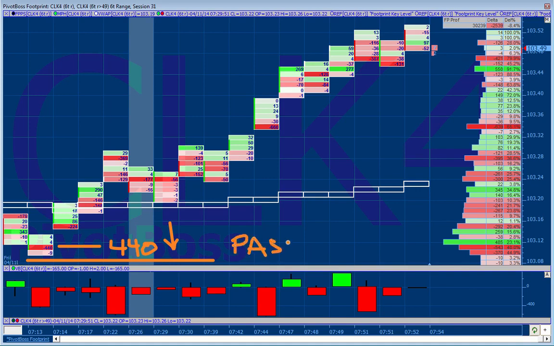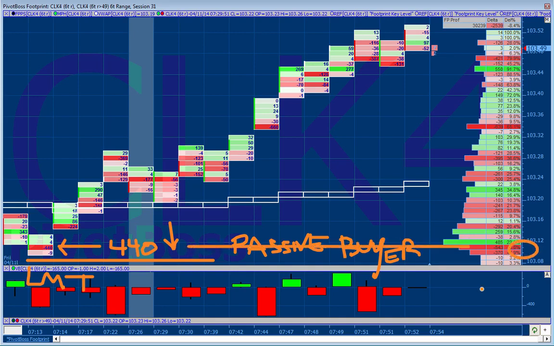Okay, someone else is taking the other side there. This is a passive buyer, and passive buyers use limit orders, okay? So someone has a limit order here. We call it a resting limit order. And they have it at the same price, or just around that level, and that's 103.11.